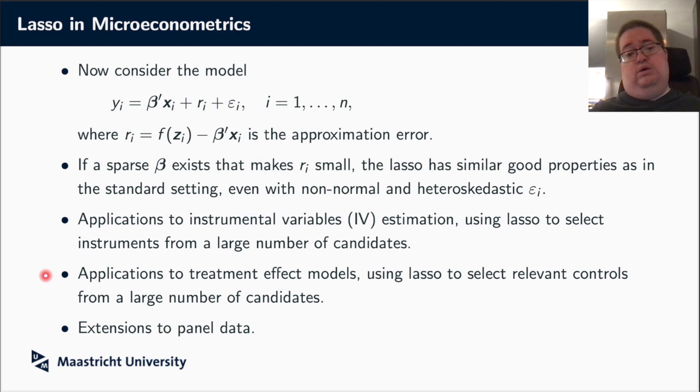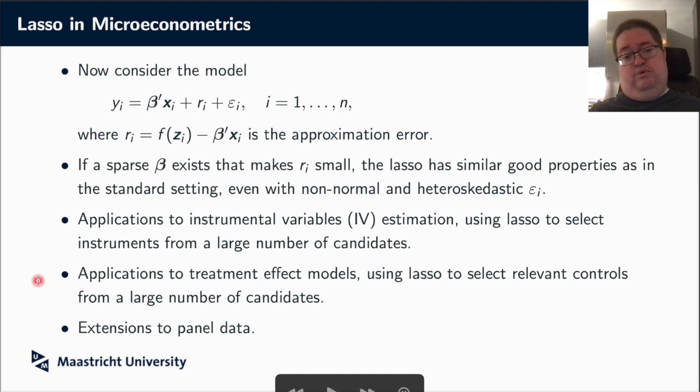So we are interested in the coefficient of one particular variable, our treatment, and we have a large set of controls to ensure that we do have exogeneity. Well, they show that you can then also efficiently use the lasso to select the relevant controls from that.